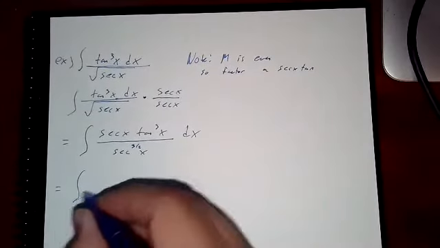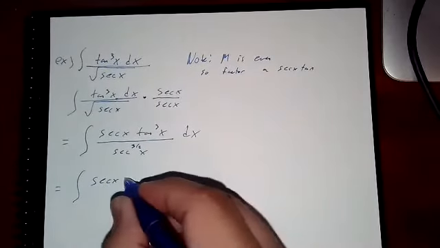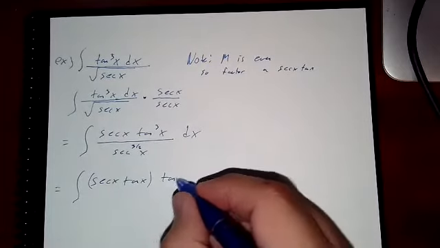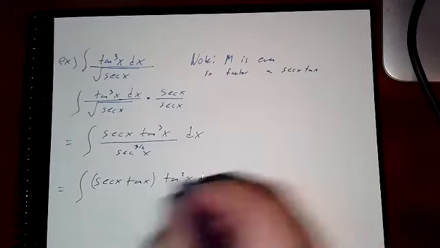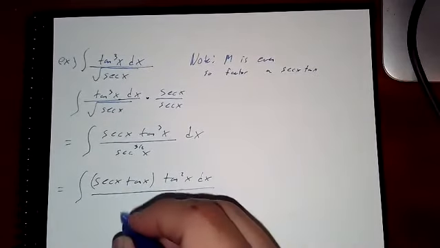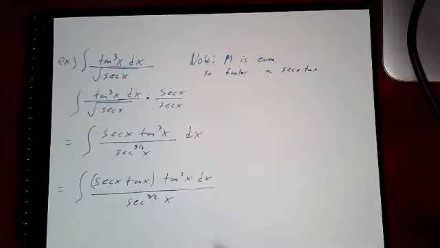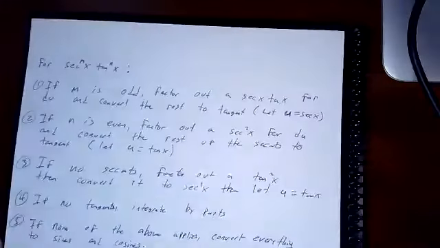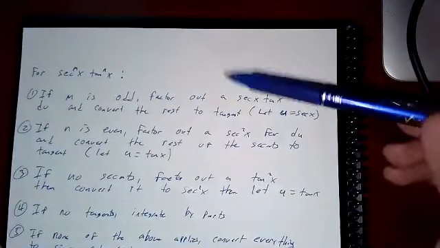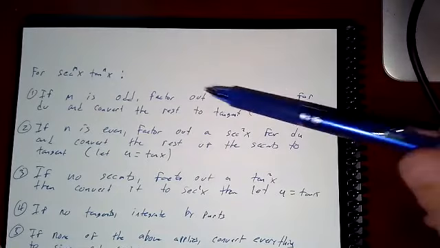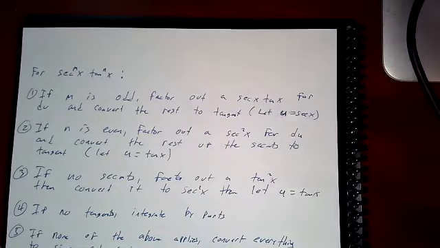So then I can factor, as the note said, secant x tangent x tangent squared x dx over secant 3/2 x. The note said factor out secant tan for du later, and convert the rest to tangent.